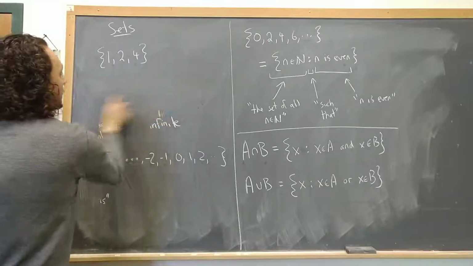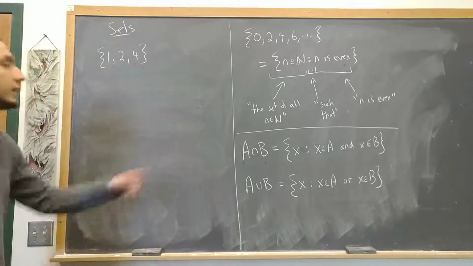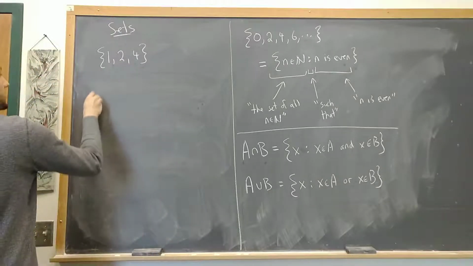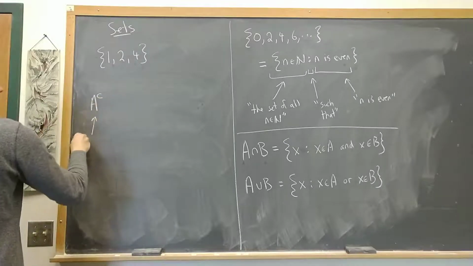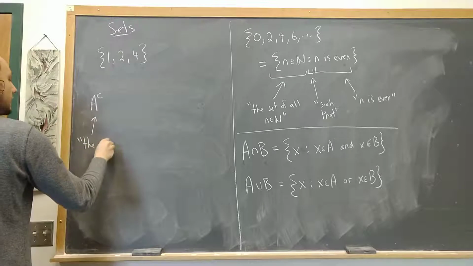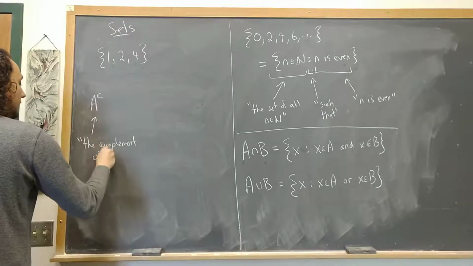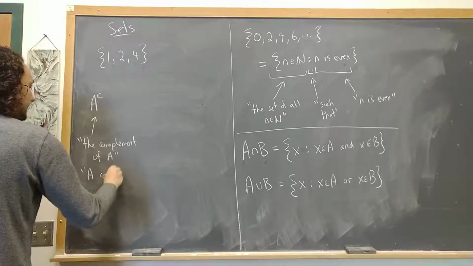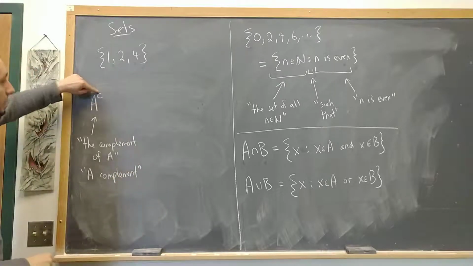Now the last thing I want to talk about in this context is another set theoretic operation, complementation. So A^C, this is read as the complement of A, or sometimes just A complement. So the C stands for complement.